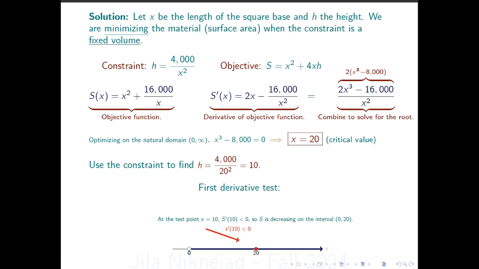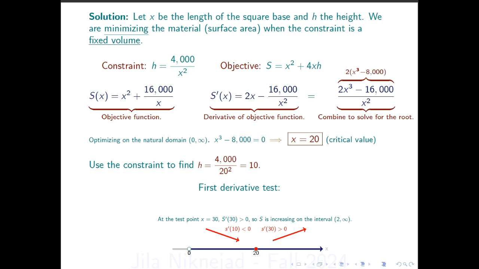Get a test point, let's say x equal to 10, to the left of the critical point, at which you arrive at S prime of 10 is less than 0 by plugging in 10 into the derivative. Then plug in a value to the right of the critical point, for which 30 is a good number. S prime at 30, if I plug into it, S prime of 30 is bigger than 0.